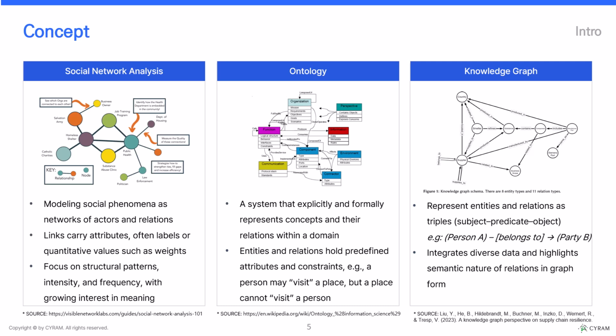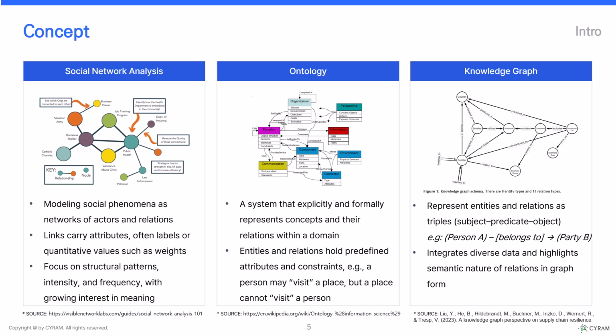A social network is basically a simple model of social interactions. It just shows who's connected to whom, usually between the same kind of actors, like person to person or organization to organization. Ontology takes a step further. It clearly and formally defines the important concepts and their relationships in a specific domain. For example, in politics, you might have people, parties, policies, and states.